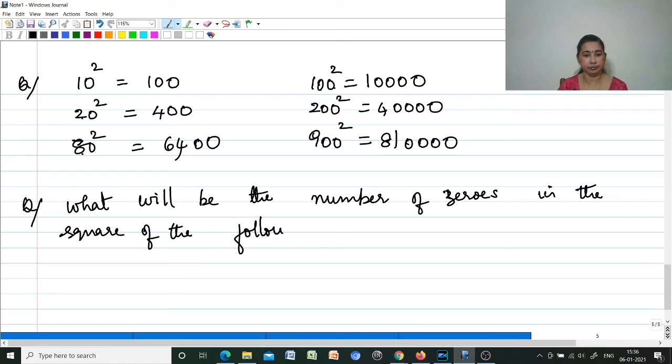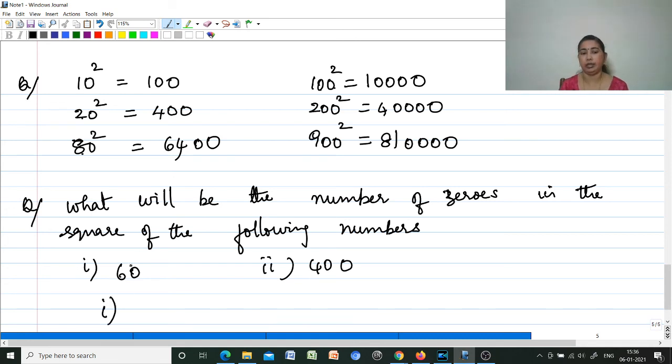First one 60, second one 400. We only have to check the number of zeros in the square of these.